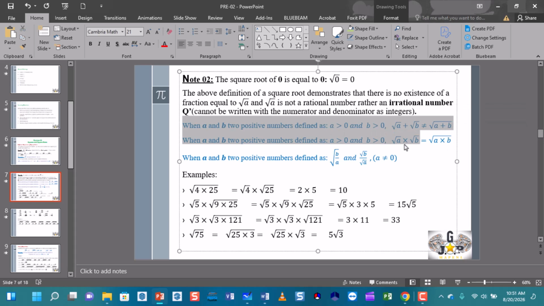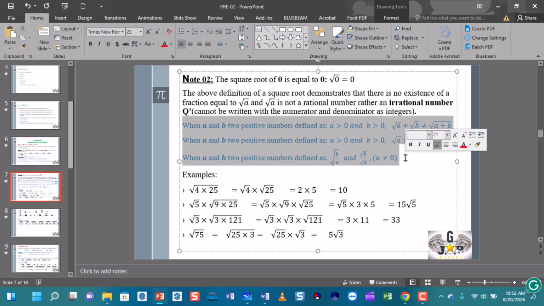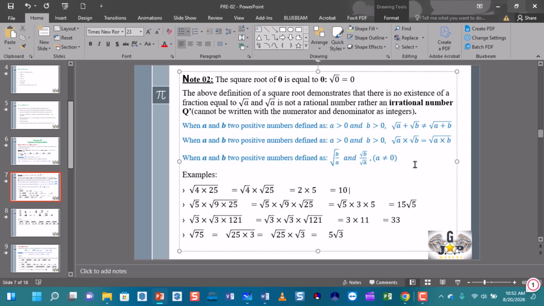That's why, you see, I've put them vibrant, yes, that's why they are vibrant compared to the other font. So these are the ones you have to understand to be able to solve exercises, to be able to come up with a solution that will give you marks and a better understanding of the subject, right? Yeah.